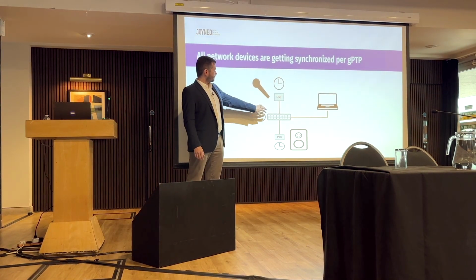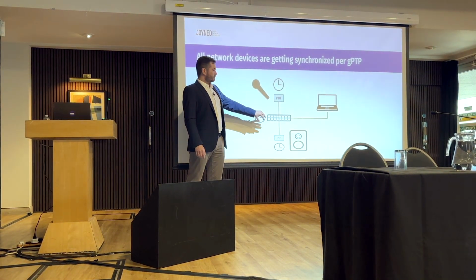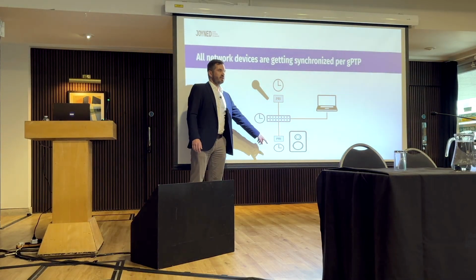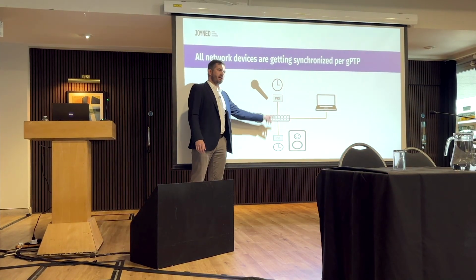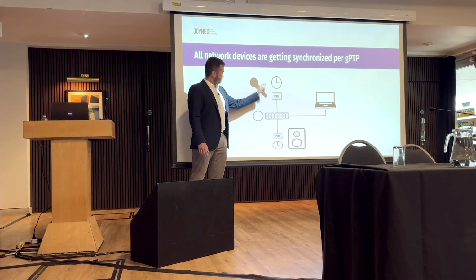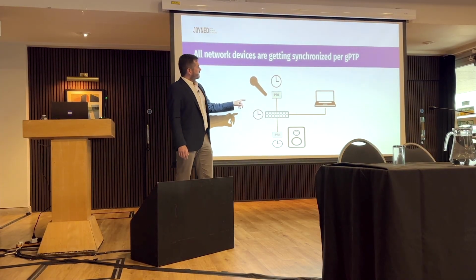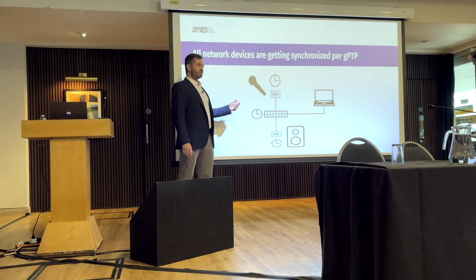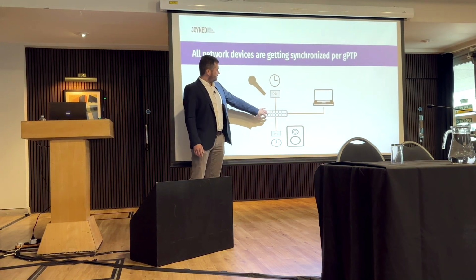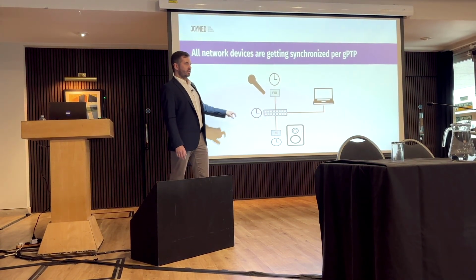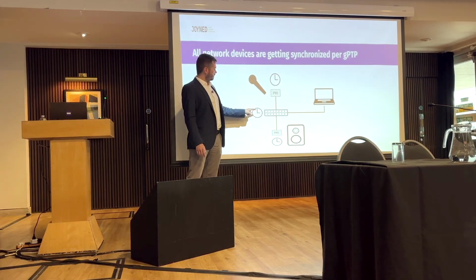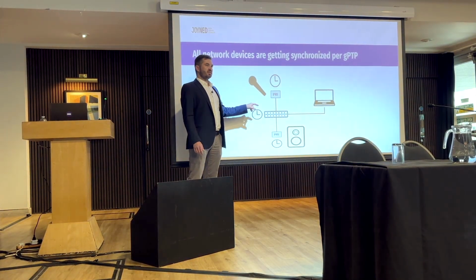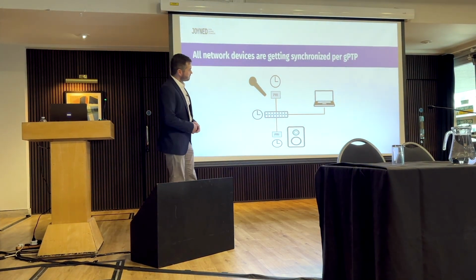What is not involved there is the switches. So we have an uncertainty in how long the packets take to get from one endpoint to the other. The fundamental change with gPTP, but also with PTP-v2, is that these switches become time aware. So they also play an essential role in all these time measurements and in the synchronization.